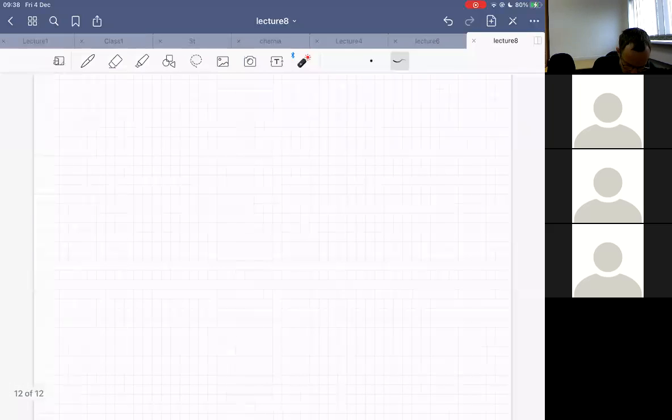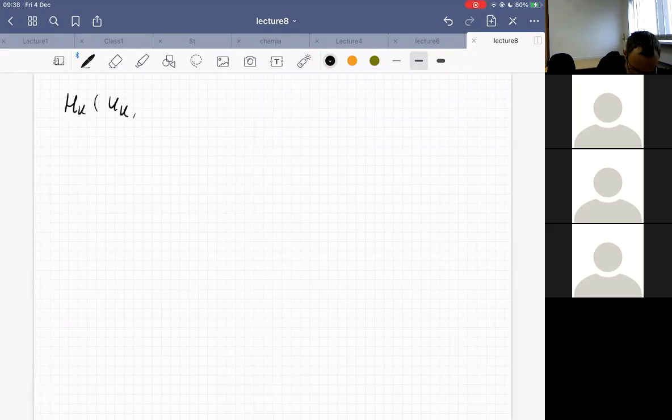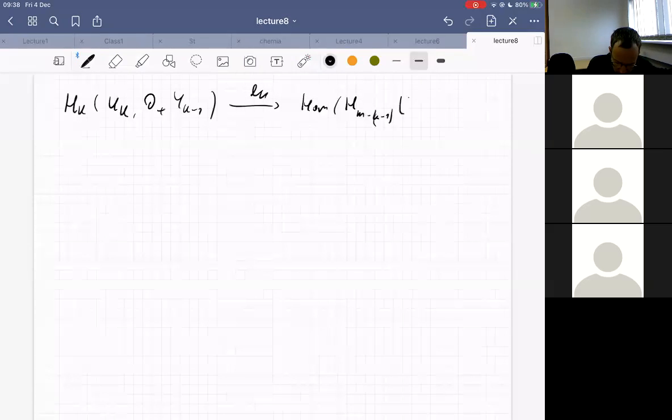We have Hk of (Yk, d plus of Y_(k−1)) mapping by dk to Hom of H_(m−k−1) of (Y_(k−1), d plus of Y_(k−1)), with Z coefficients.